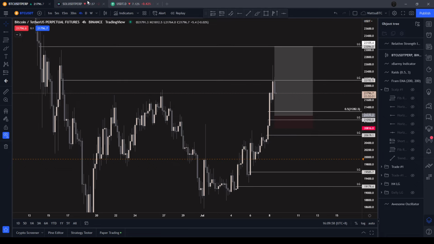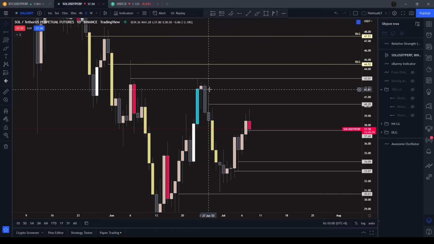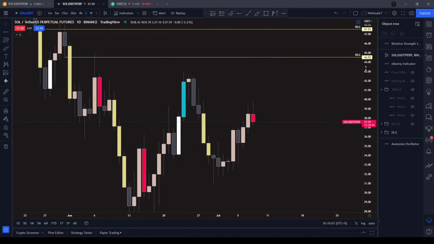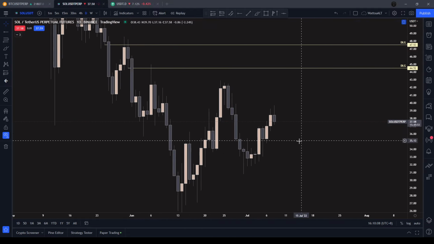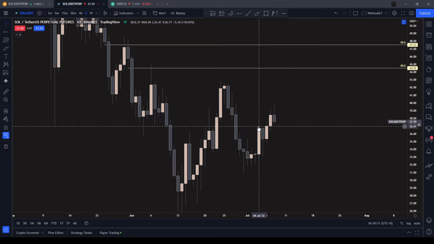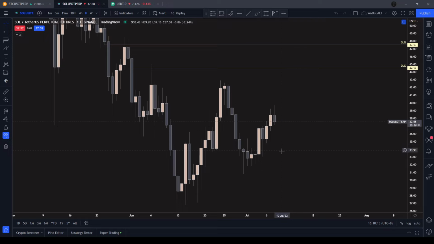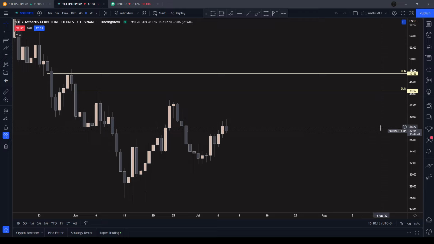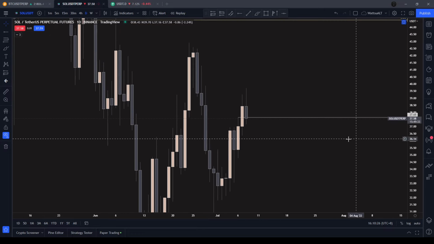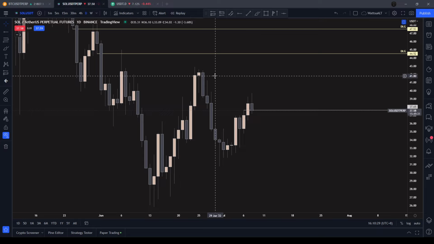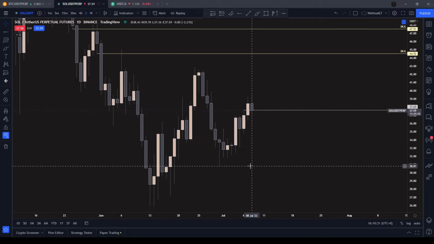Let me get into Solana for an interesting alt trade. Okay, for Solana, we are pretty much bullish as well, but we are looking to rebalance or retrace this price right here on the daily. If we manage to close tomorrow below 37.65, I am expecting that we would actually sweep lower.